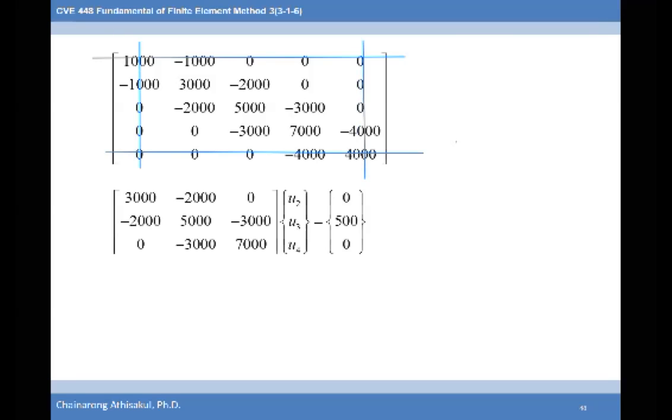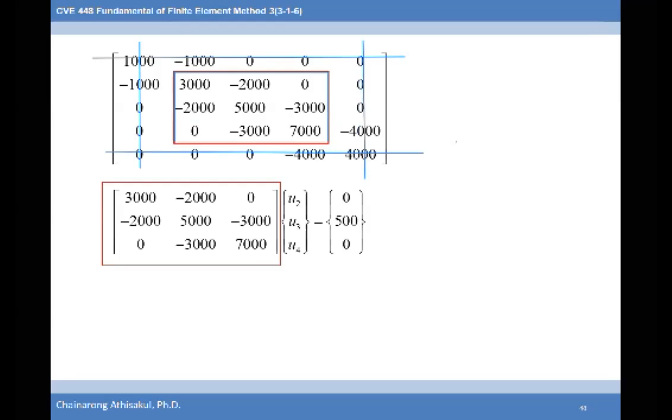So according to this, we have only this, that is a 3 by 3 matrix. Just only this. So we get this matrix, and it is compatible with the displacements U2, U3, and U4 at each node.